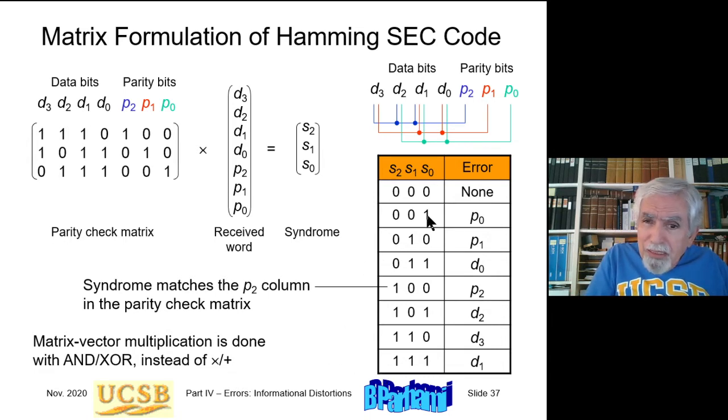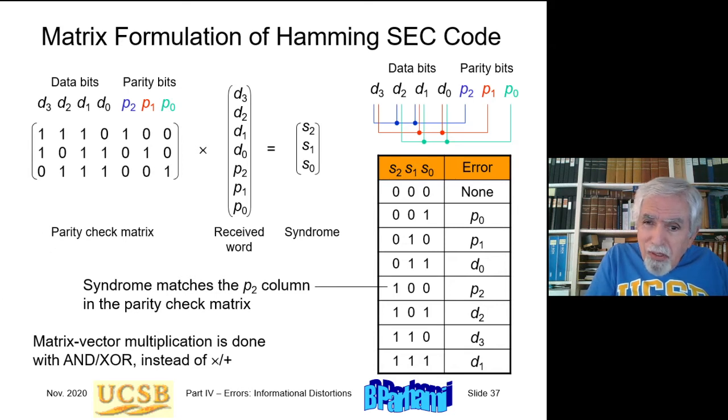Notice that for the bit that is in error, the columns of this matrix, if you read them as binary numbers, so you have here 110 is 6. So if the syndrome is 6 as a binary number, D3 is in error. 6 is D3. If it's 101, which is 5, D2 is in error.